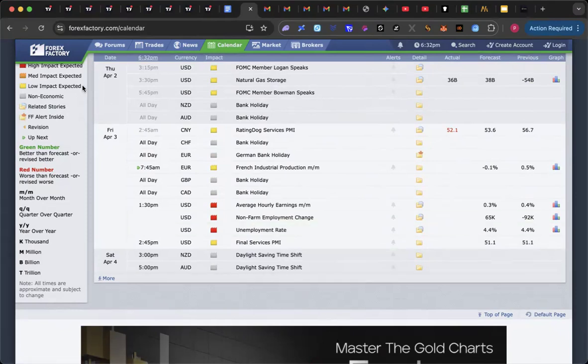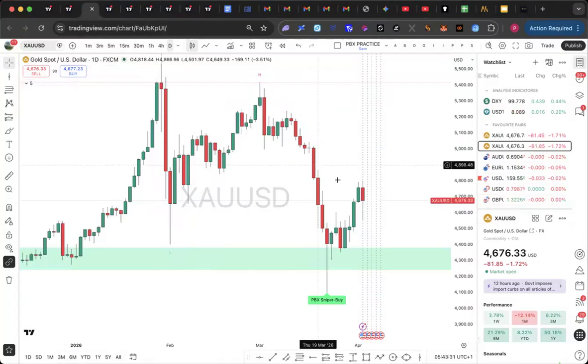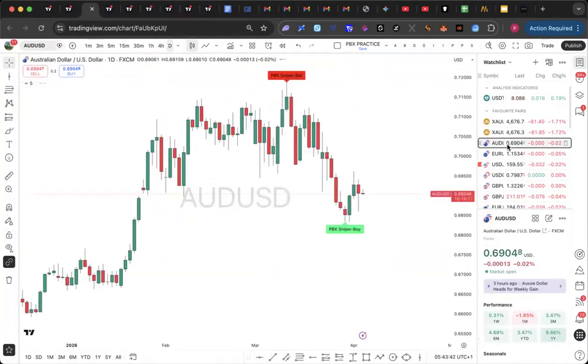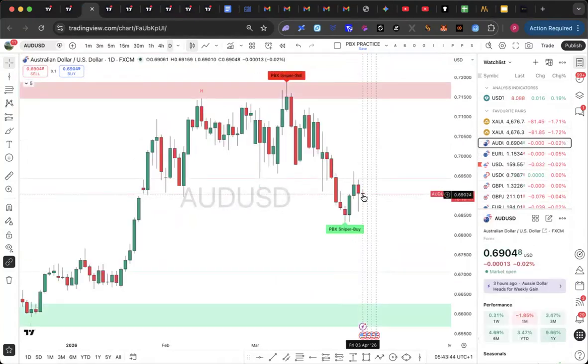Nothing is happening. There's no market, no activities. So let's look at any market moving.